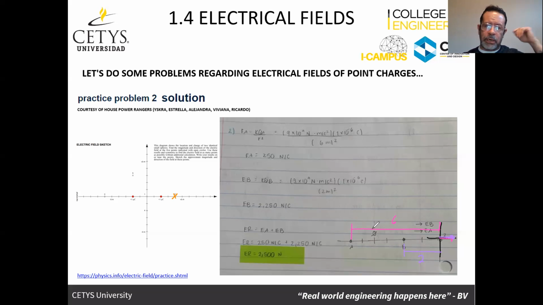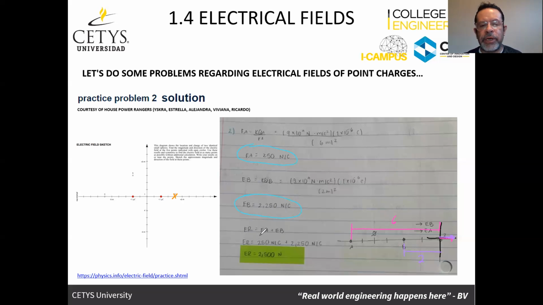The further away we are, the weaker the electrical field is. And that's why we notice that EA is 250 newtons per coulomb. The closer we are, the stronger the electrical field is. So notice that EB is much higher. It's 2,250 newtons per coulomb.